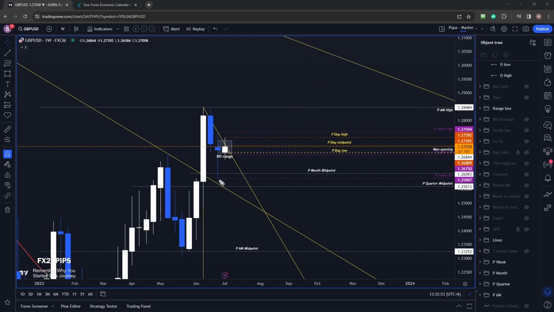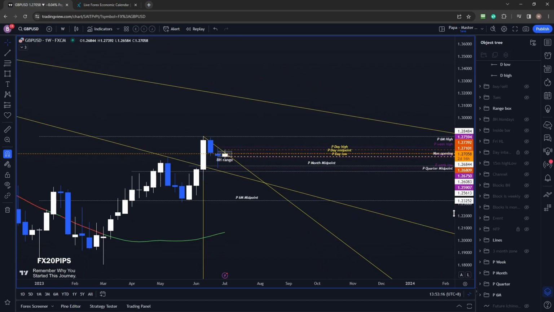Okay, and the retest seems to be done last week, which is the end of June, right? And then the close back here, and this is the start of the July weekly period. All right, so hope you know where we are in terms of all the higher time frame situation and scenario.